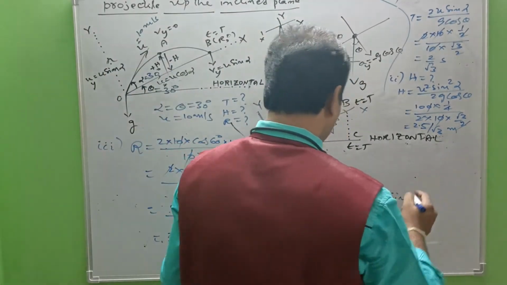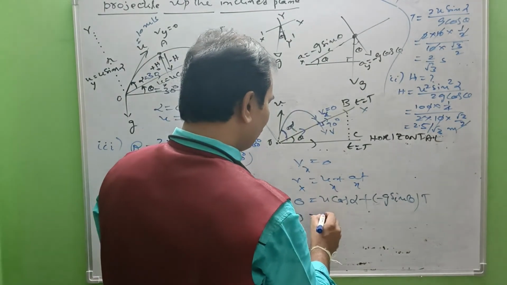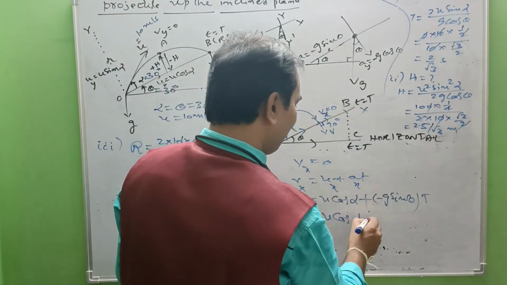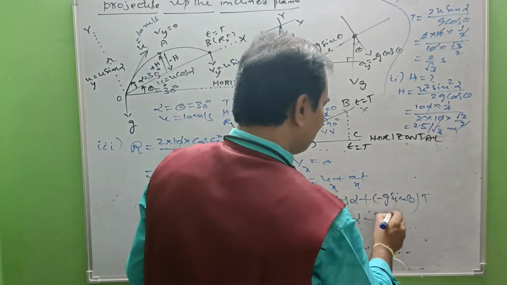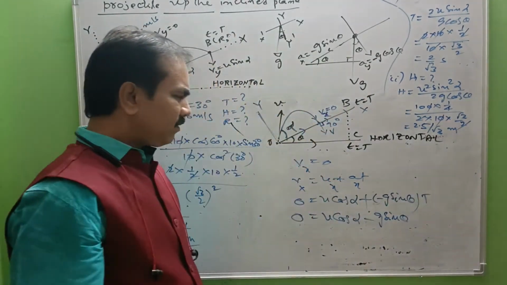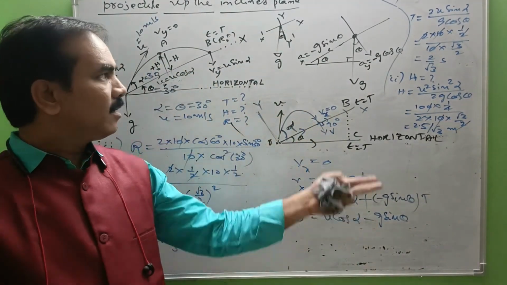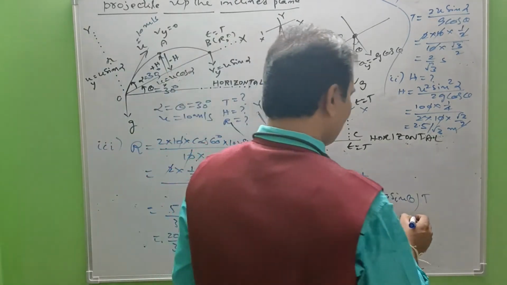Capital T. So 0 equals u cos alpha minus g sin theta into the expression for time of flight, 2u sin alpha by g cos theta.